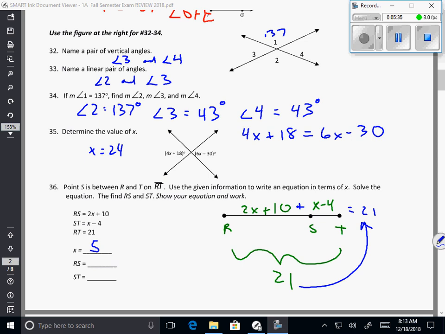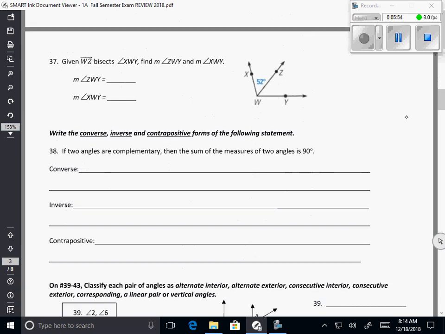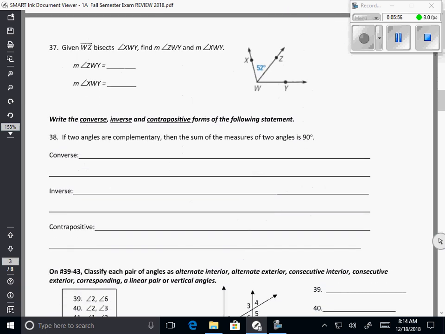When you plug that back in, 2 times 5 is 10, plus 10 is 20. And then for ST, 5 minus 4 is 1. Okay, on number 37, the ray WC bisects the angle.